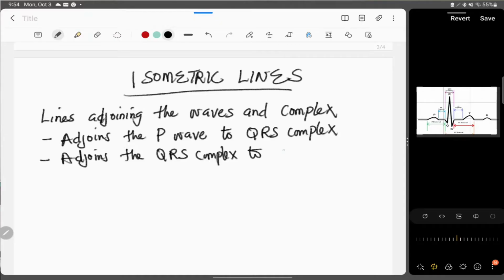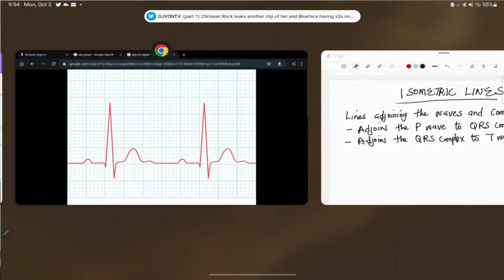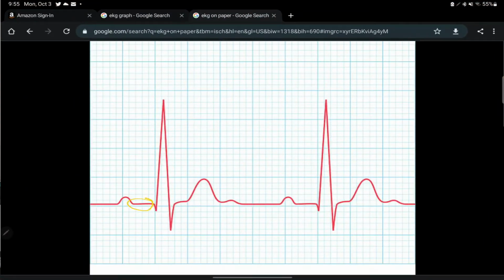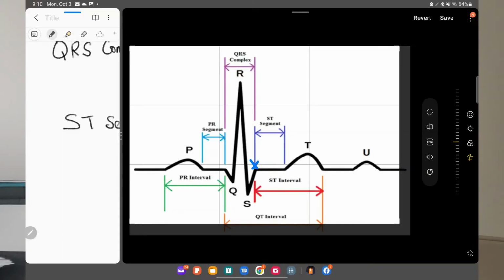So let's talk about isometric lines. Isometric lines are lines that adjoin the P wave to the QRS complex and the QRS complex to the T wave. These isometric lines are very important, especially when it comes to the ST segment. The ST segment is a segment between the end of the QRS complex and the beginning of the T wave.